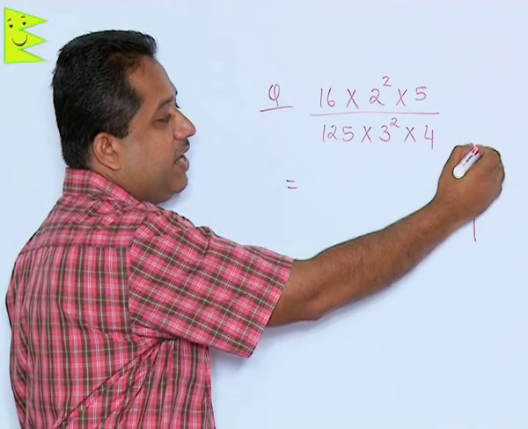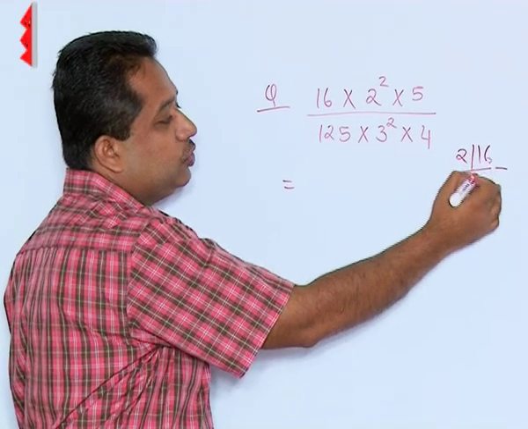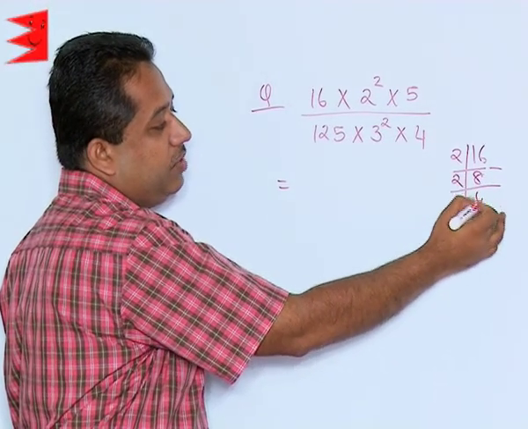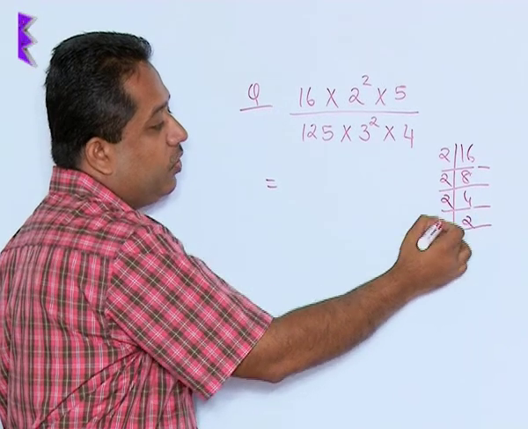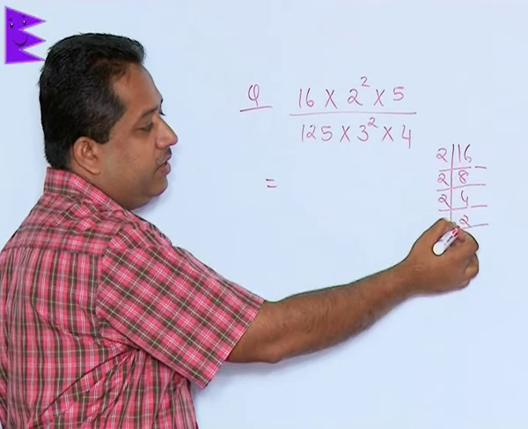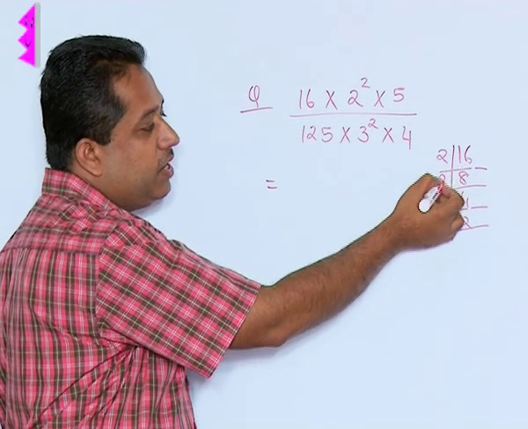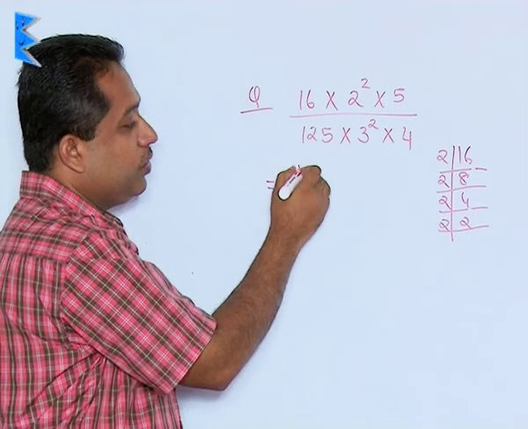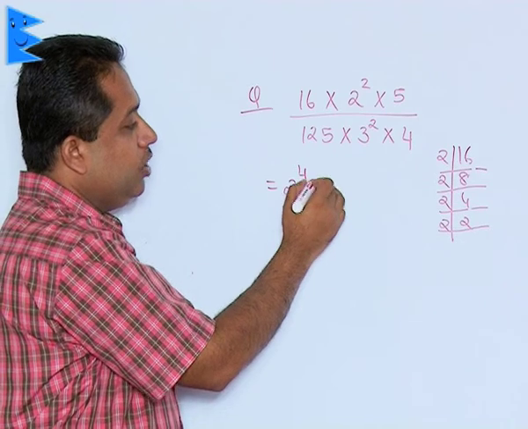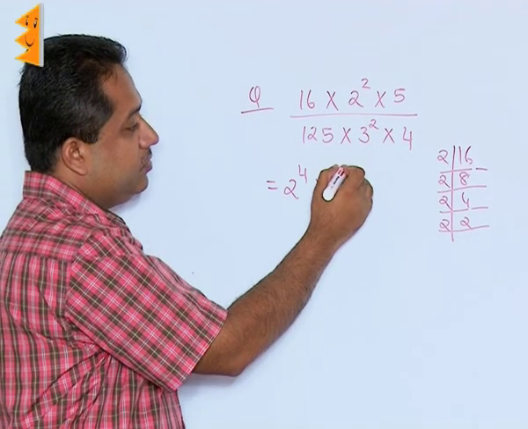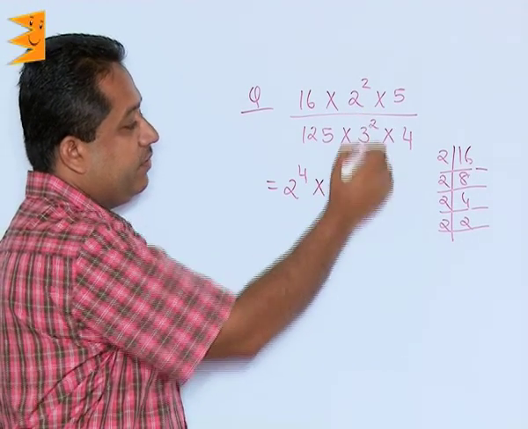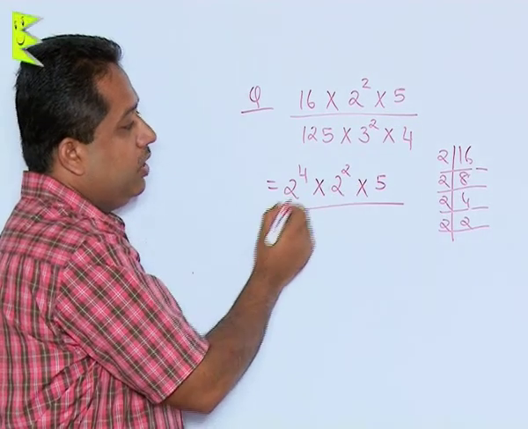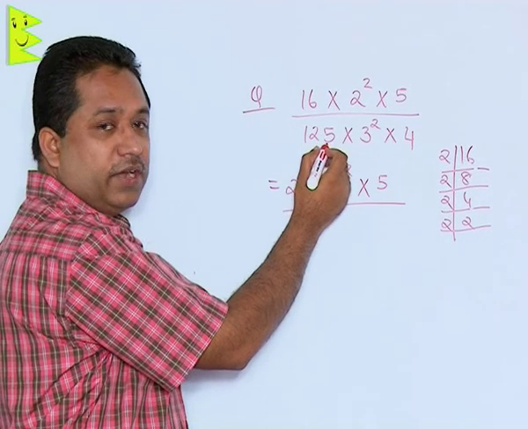We can find out the factors of 16. 2 8s, 2 4 times, 2 2s are 4. So we see that 16 is made up of 1, 2, 3, 4 2's. So I can write 16 as 2 to the power 4 into 2 square as it is into 5 upon the number here is 125.